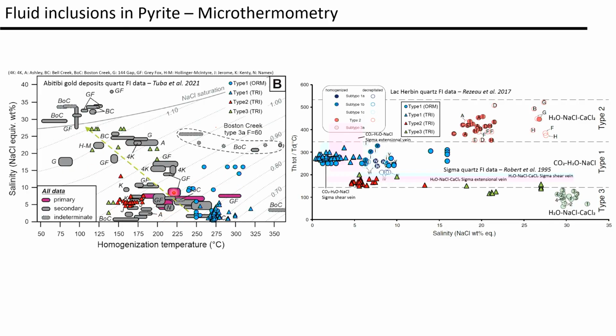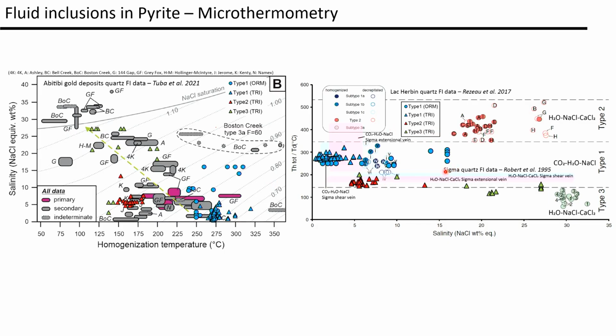As you can see, our type 1 aqueous carbonic fluid inclusions correspond to some of the primary data from the other deposits in the Abitibi and in the quartz. And we do not have the same trend as it is here. And the CaCl2 corresponds to the late fluid events recorded in the Abitibi gold deposits.